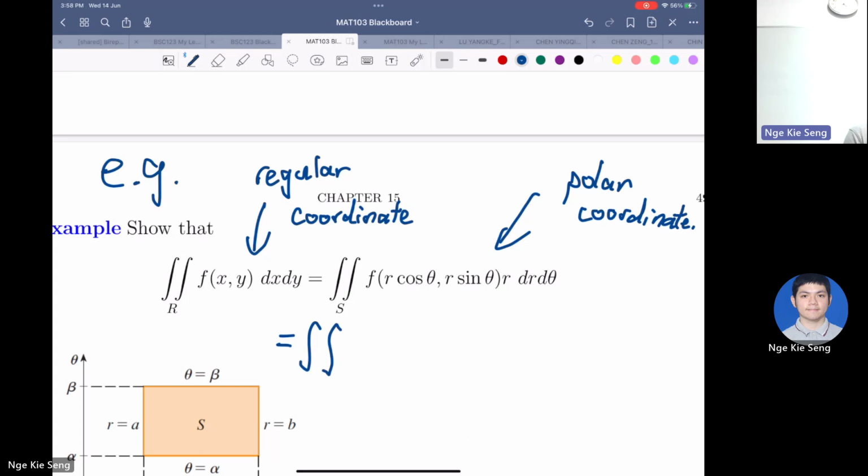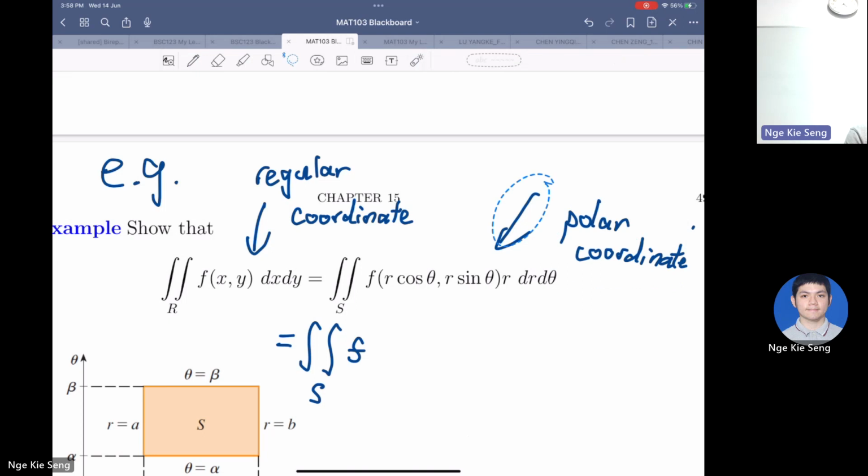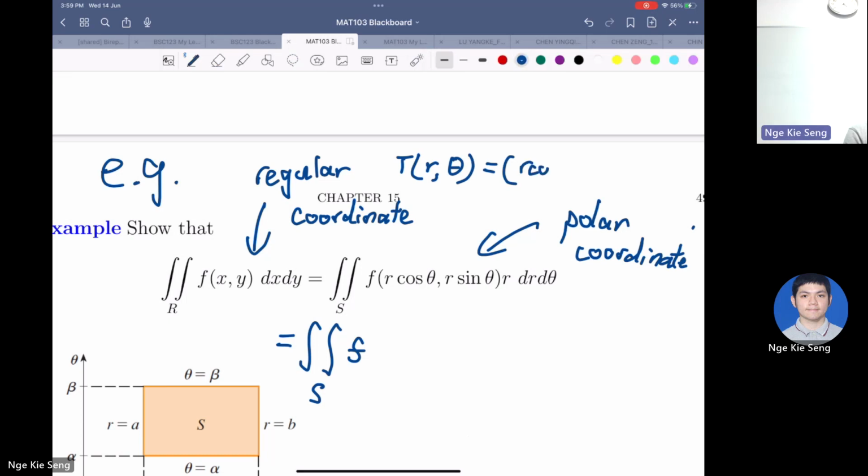The formula says that the function will become, let us do the T first. What is our T in this case? What's the transformation? Our T should take r and theta to r cos theta and r sine theta, where these are just x and y.